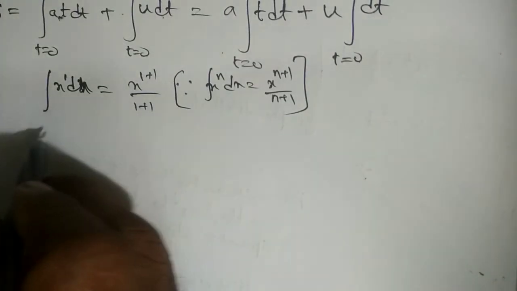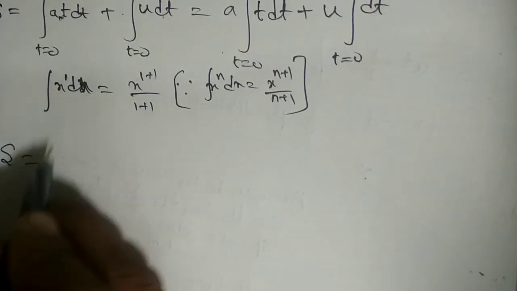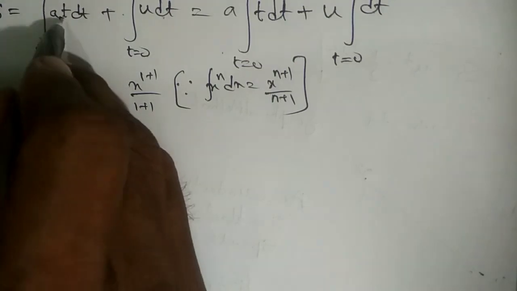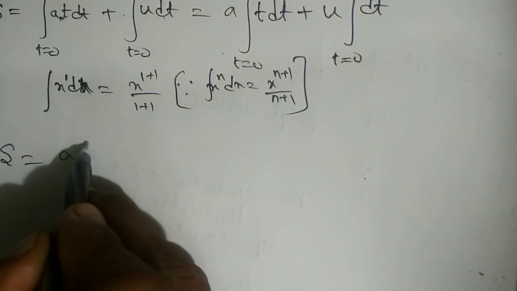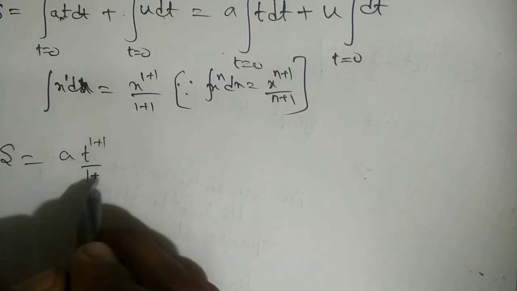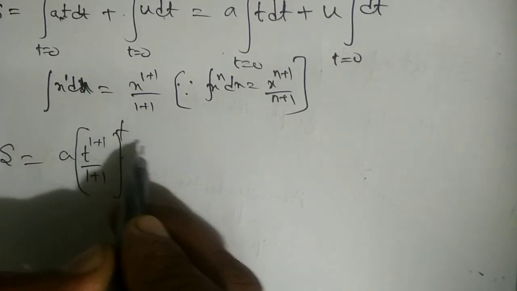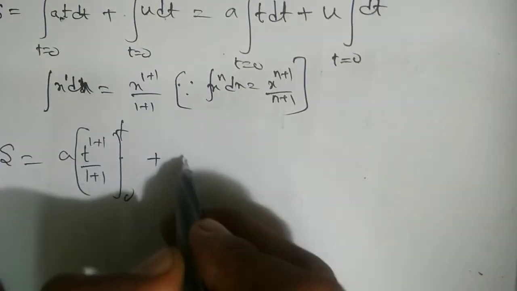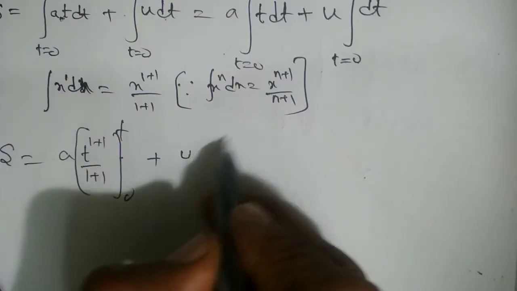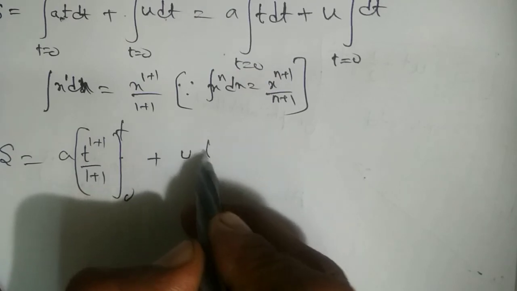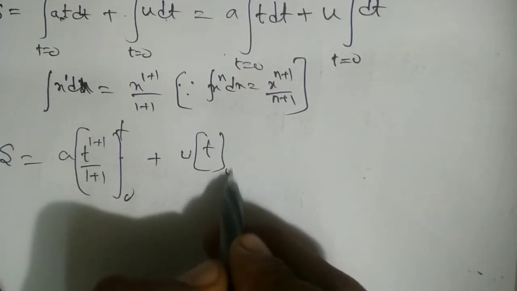So we're going to use that. S is equal to a comes out, t dt, so t power 1 plus 1 by 1 plus 1 within the limits 0 to t, plus u comes out of the bracket as it already came out. Integral dt is simple t within the limits 0 to t.